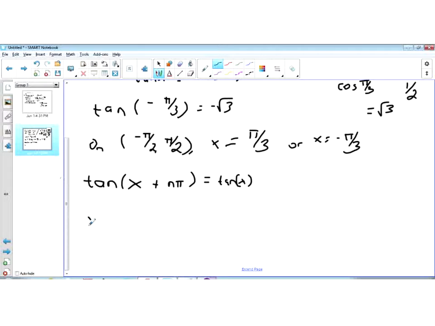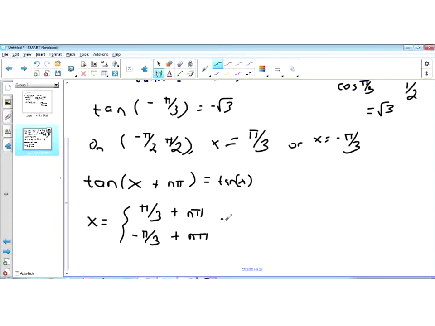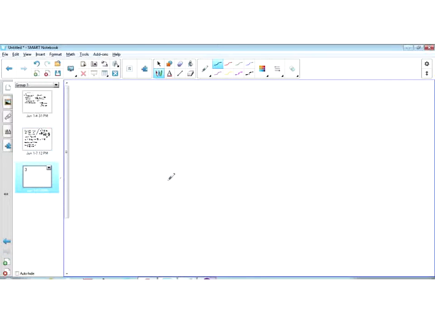So the solution on the entire x-axis is x is equal to pi thirds plus integral multiples of pi, or x is equal to negative pi thirds plus integral multiples of n pi. So there are an infinite number of values of x that satisfy this equation, and this is how you would specify it. Put an or statement there.